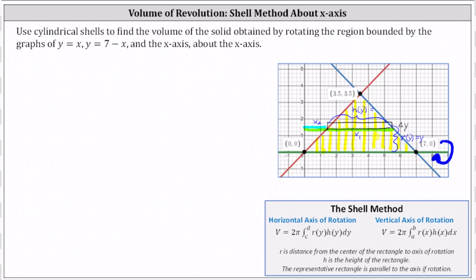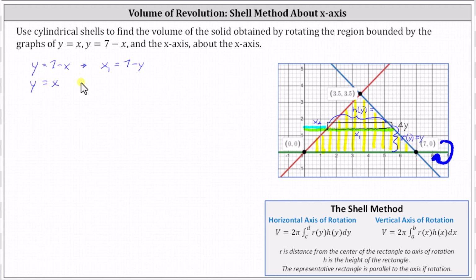Notice the distance x sub 1 is determined by the blue line given by the equation y equals 7 minus x. So beginning with y equals 7 minus x, we need to solve for x by adding x to both sides and subtracting y from both sides, which gives us x equals 7 minus y. And this is x1 on our graph. x2 is the distance from the y-axis to the red line, which is given by the equation y equals x.